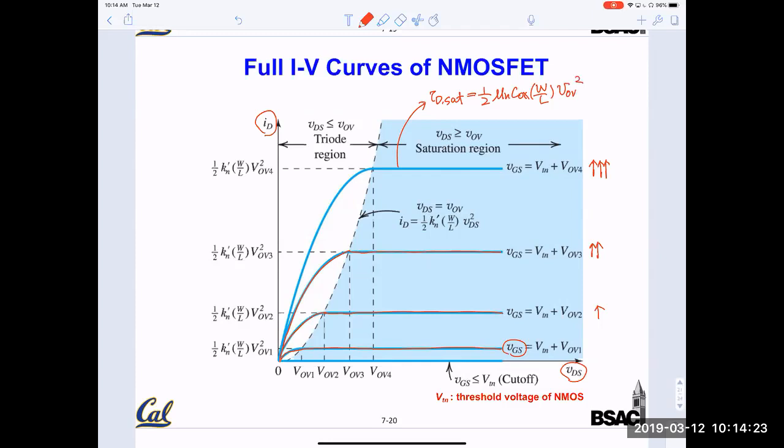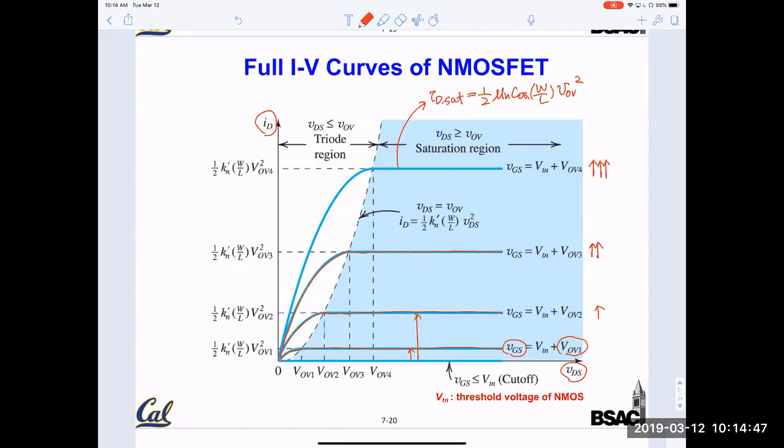As we increase VGS, ignoring the threshold voltage part, we are effectively increasing the overdrive voltage. Imagine if we have equal spacing of overdrive voltage: if this is 1, this should be 4.